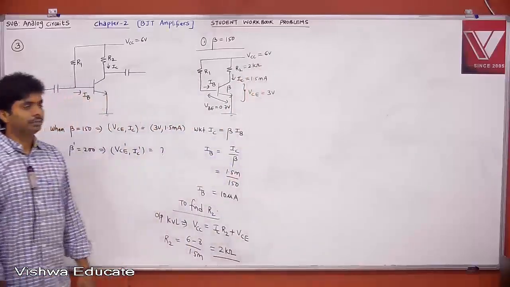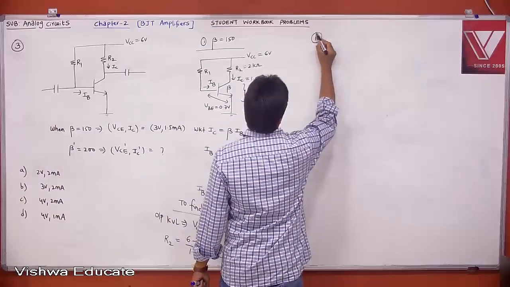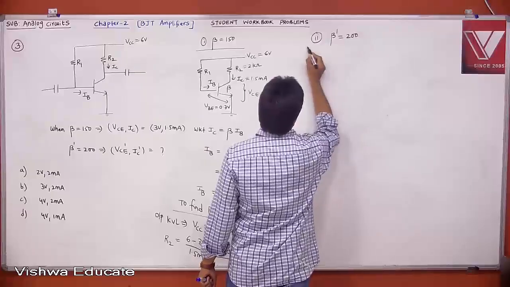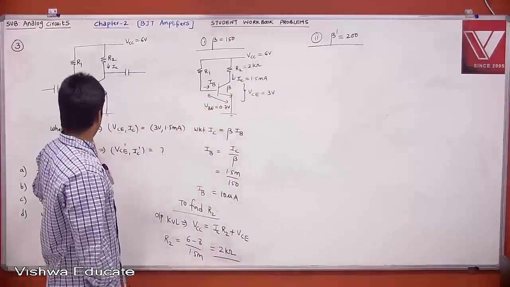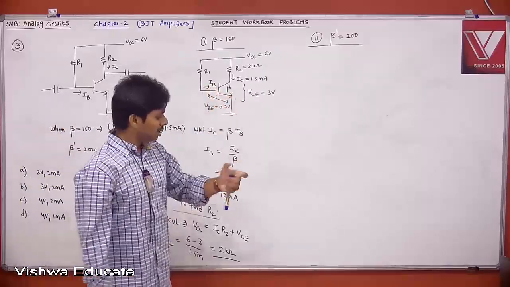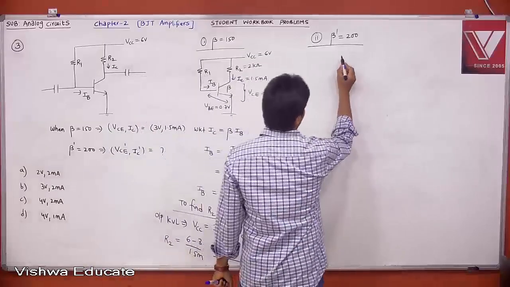That's what we got. Now case 2, new transistor which is having beta 200. Now your beta is updated. Now beta is not 150, now beta is 200. Then what is your new operating point? Your transistor is replaced by another transistor which is having beta 200.